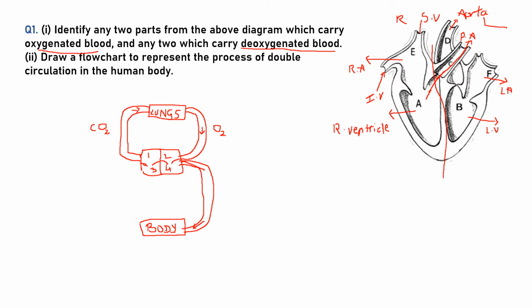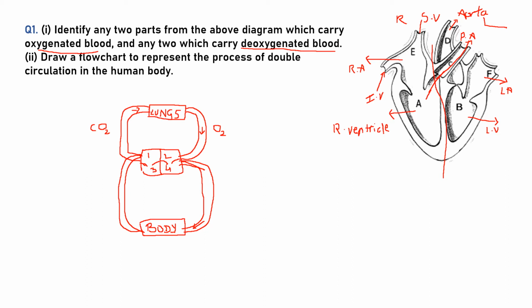Then in the body, all the cells of the body will use the oxygen of the oxygenated blood, and then deoxygenated blood will be given back to the heart. So blood is again going back to the heart, right? So this is where we have completed.